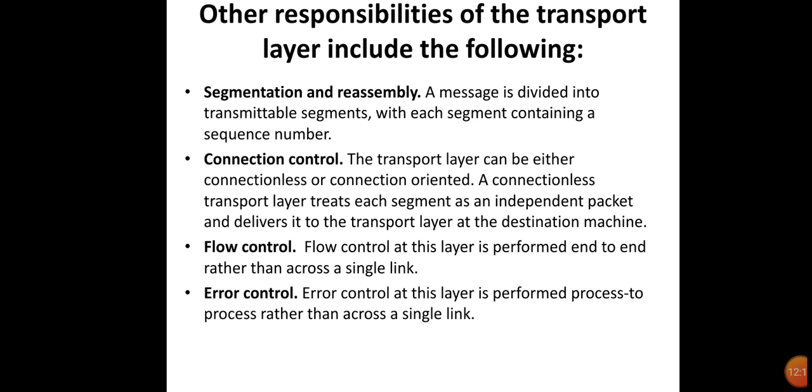Flow control. Flow control at this layer is performed end to end rather than across a single link. Error control. Error control at this layer is performed process to process rather than across a single link.